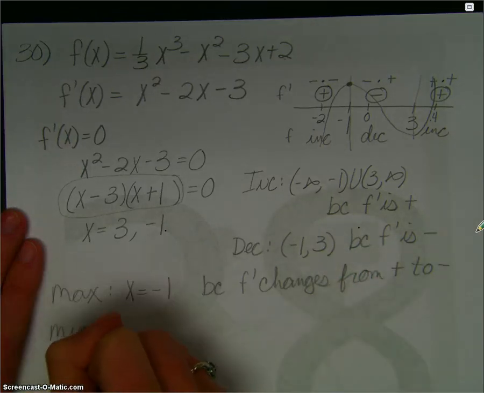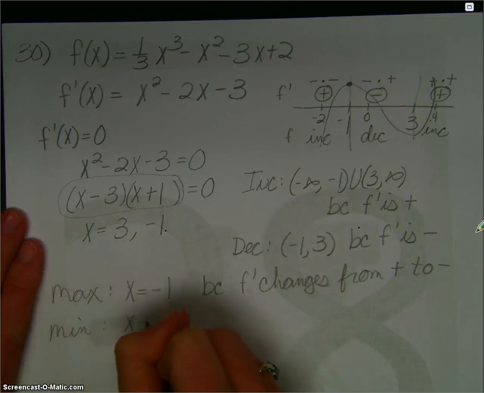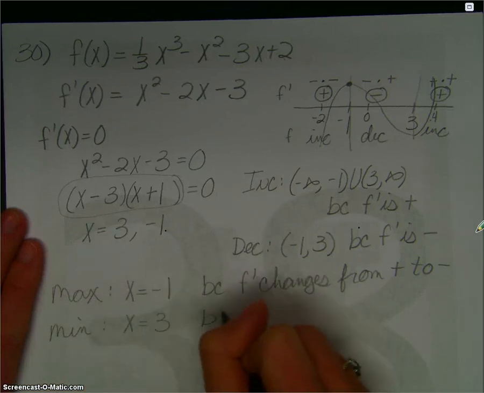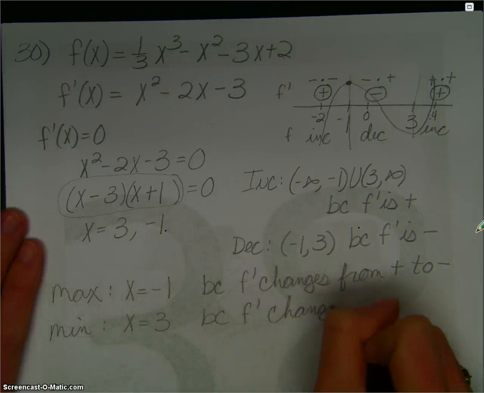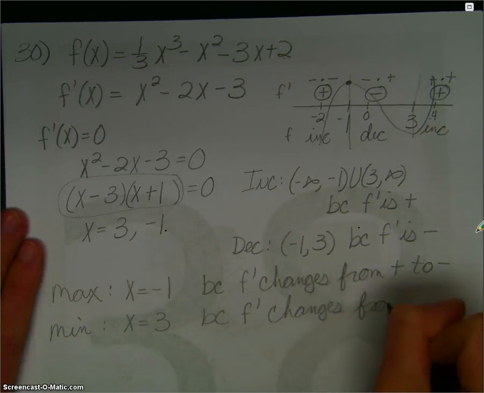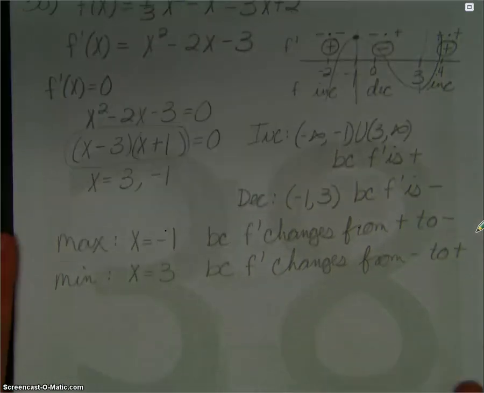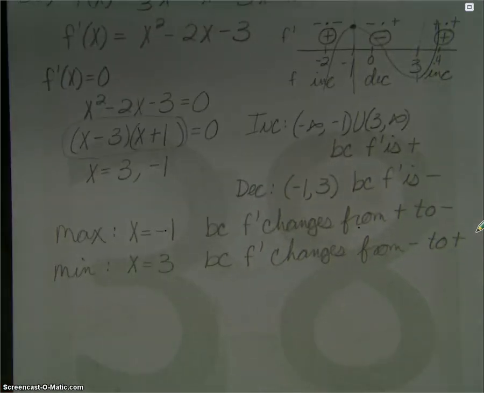And then I have a minimum point where x is equal to 3 for the opposite reason, because f prime changes from negative to positive. And notice that on all of those, my justifications talked about f prime. That right there is very important.